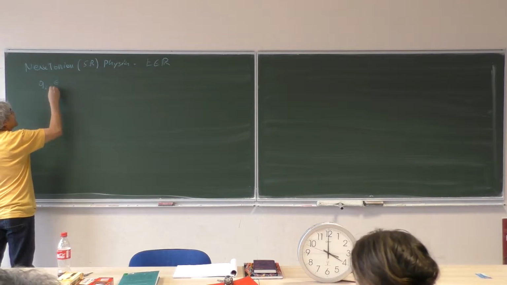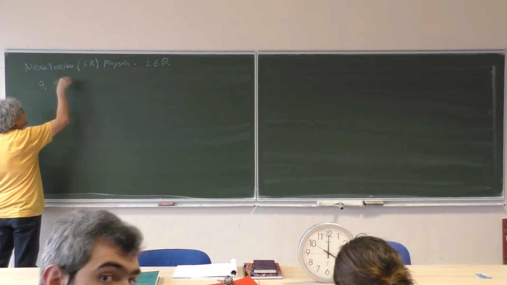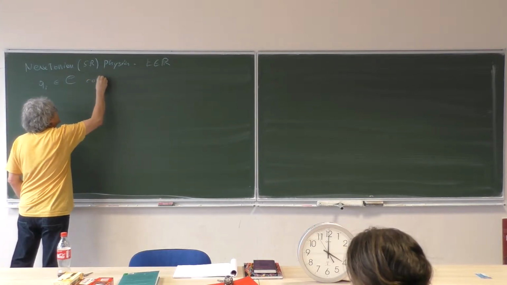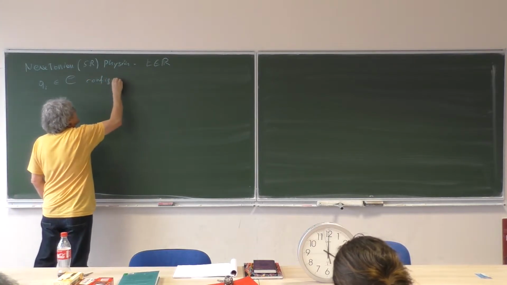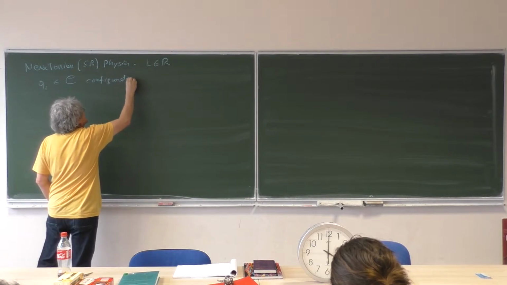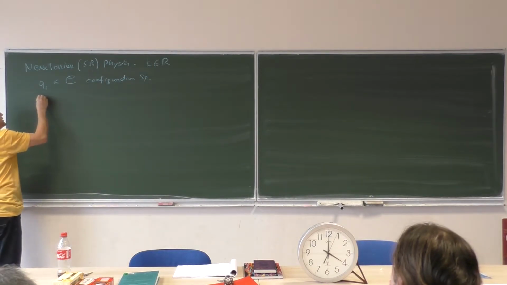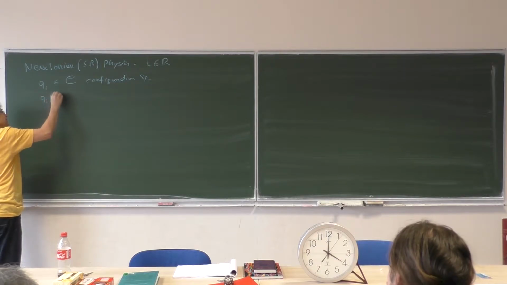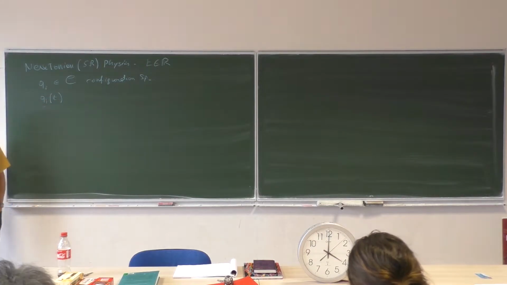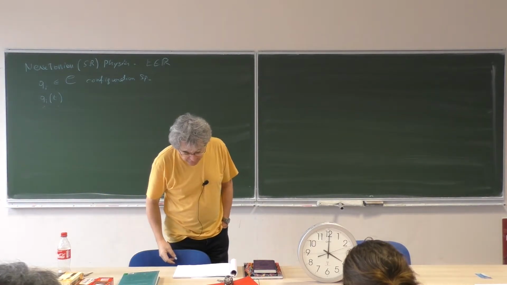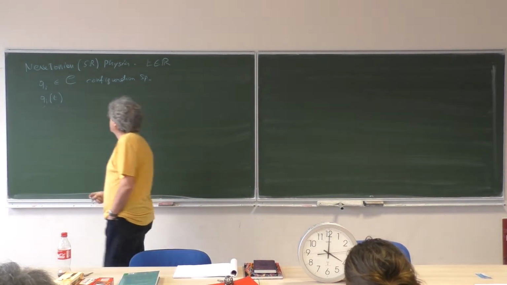These variables, the set on which they vary, is called a configuration space. And the game of dynamics is to see how they vary in time. So time is crucial for just starting to talk about dynamics. It's the evolution of the variables in time.